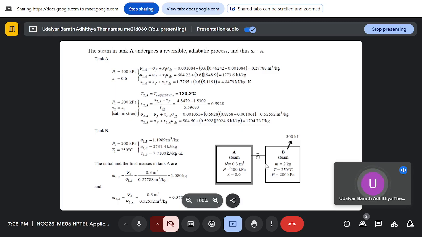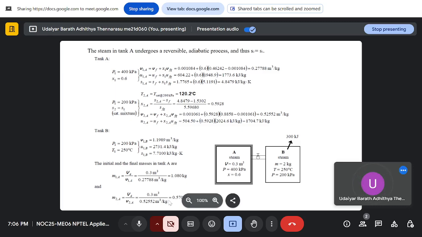So with this I can find out the initial masses. So initial mass in tank A is V by specific volume, which is 0.3 by specific volume at state 1, which will come out to be 1.08 kg at state 1 for tank A. Similarly at state 2, after the valve is open, my specific volume is known, I have calculated. So mass at state 2 is, again the volume is constant, so 0.3 by specific volume at state 2, which is 0.52552.